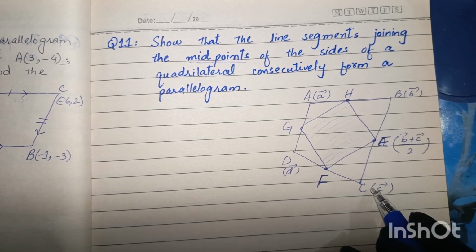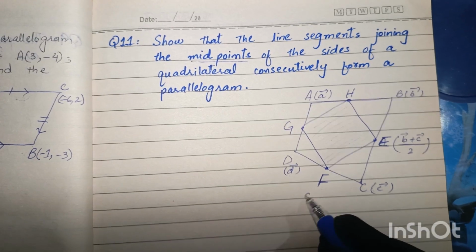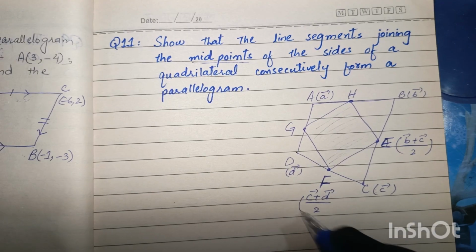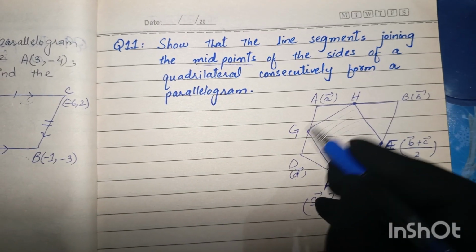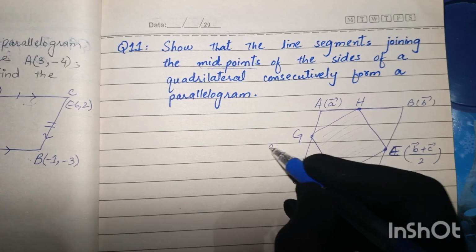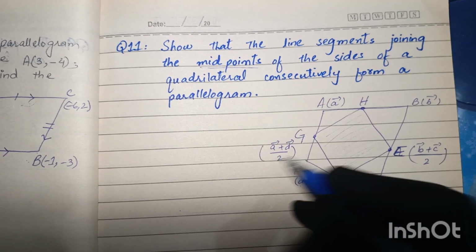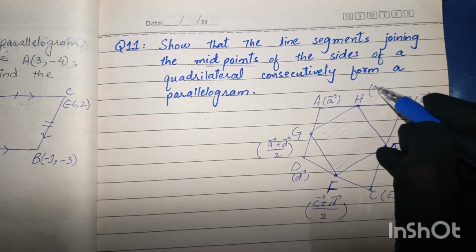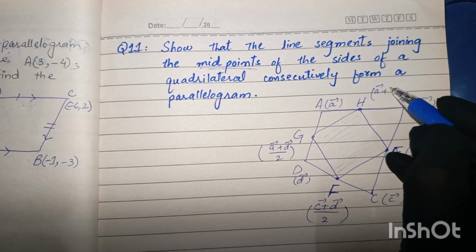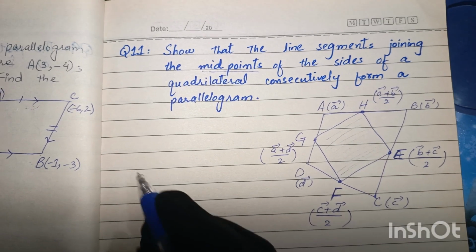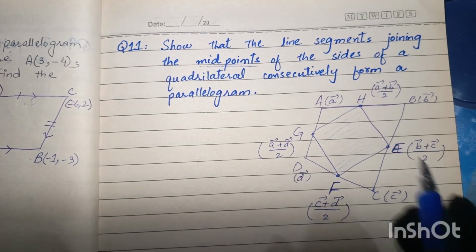Similarly for F, we can write (C plus D) divided by 2, since this is a midpoint. And for G, (A plus D) divided by 2, and for H, (A plus B) divided by 2. So here is a complete diagram.